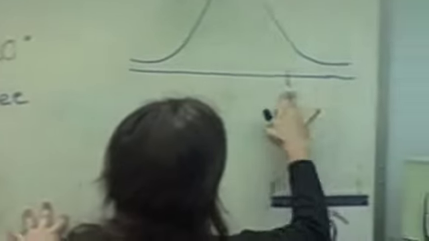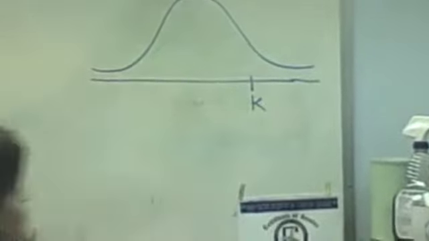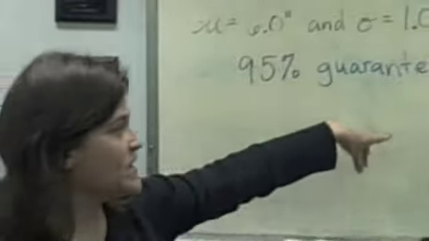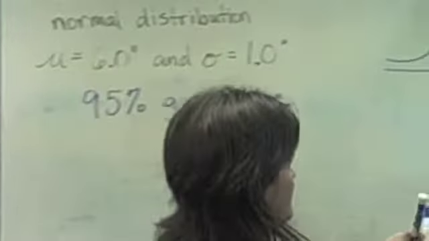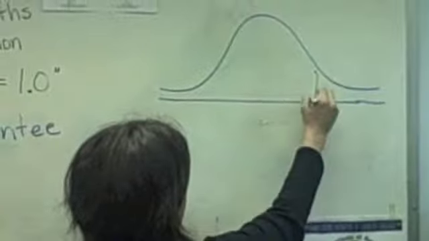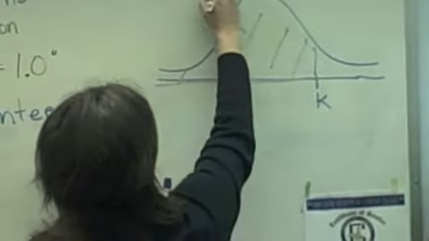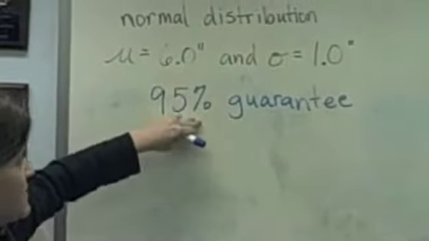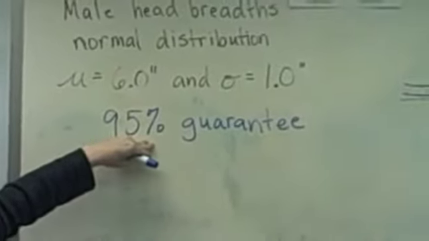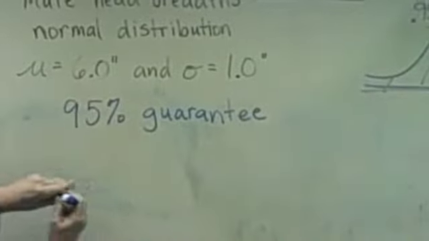We're looking for that value, and actually I'm going to call it K. We're looking for a value for which 95% of men will be below that value. So in this situation, we're given the probability. We need to get to the data value. So we've got a different scenario going on.